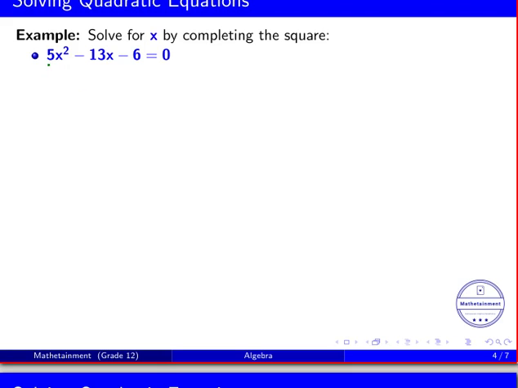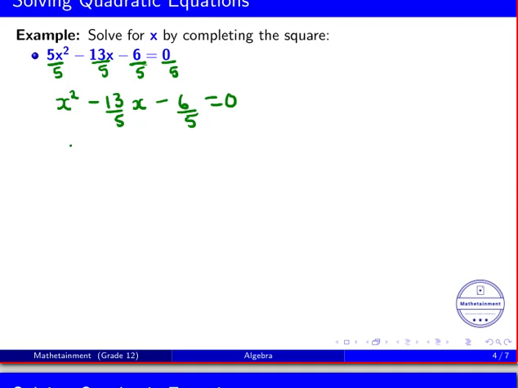So you want to divide everything by 5. On that equation, divide throughout by 5. There you go. And now we are going to have x squared with its coefficient being 1 minus 13 over 5 x minus 6 over 5 still equal to 0, because 0 over 5 is still 0.